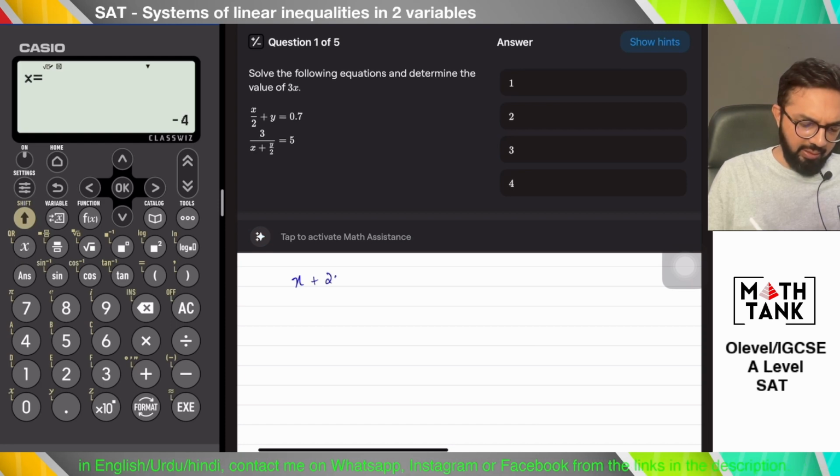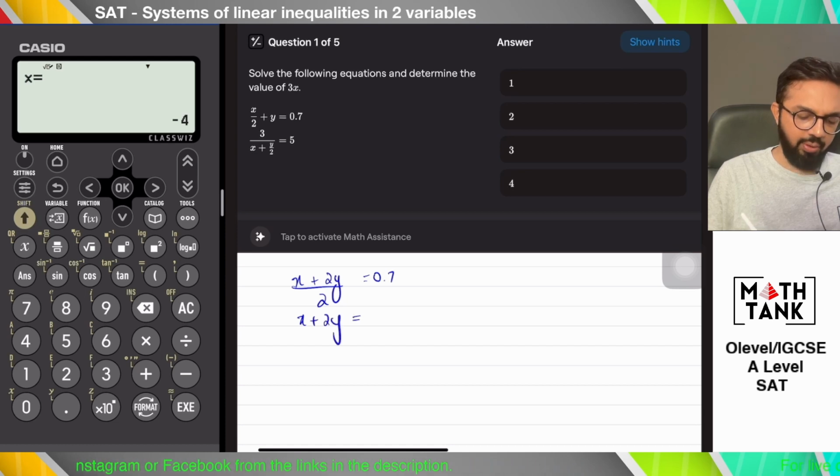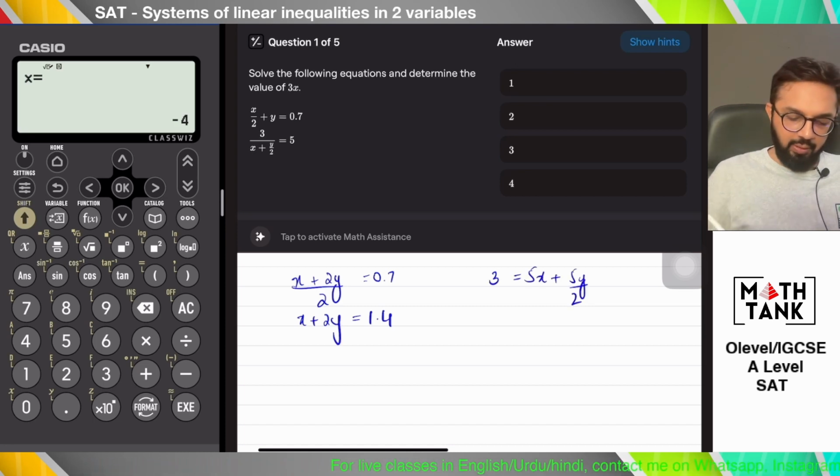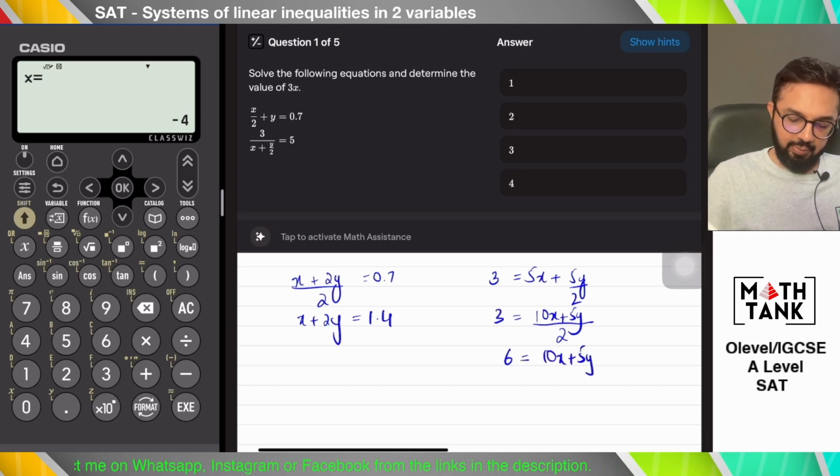I'm going to try to make this easy by first modifying these equations. So the first one becomes, if I take a common denominator, it becomes this, and the other one becomes, if I cross multiply, it becomes this, and if I take a common denominator, it becomes this.